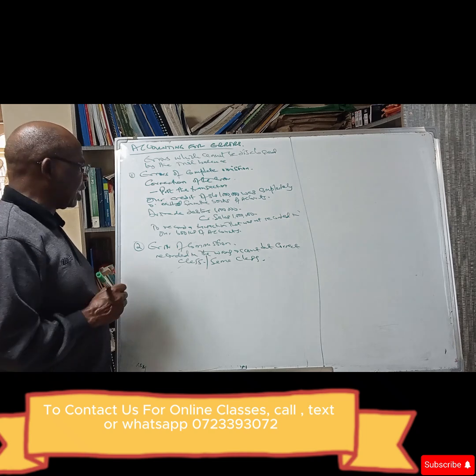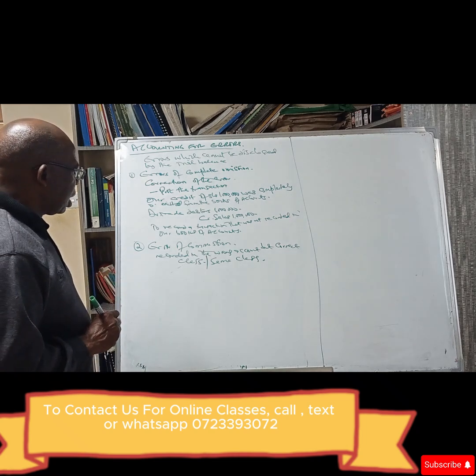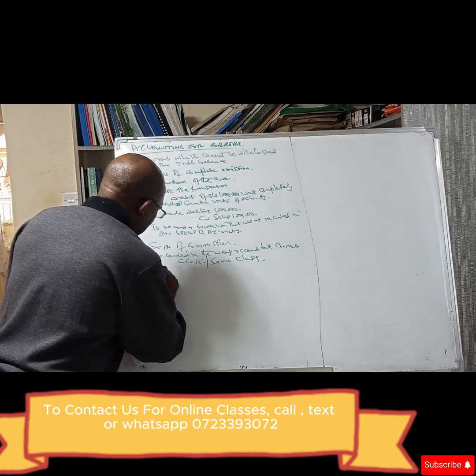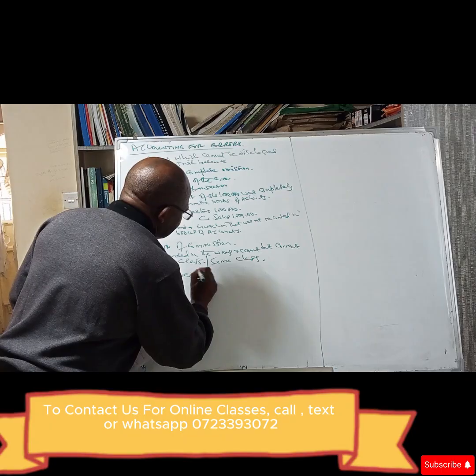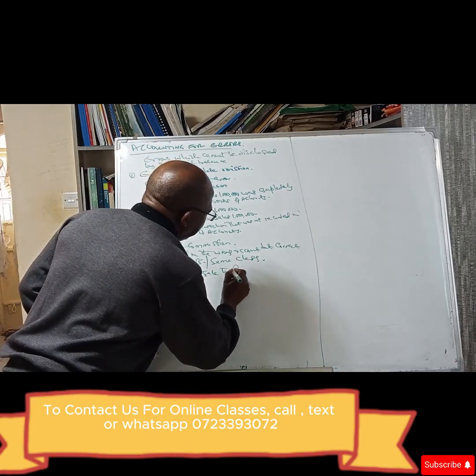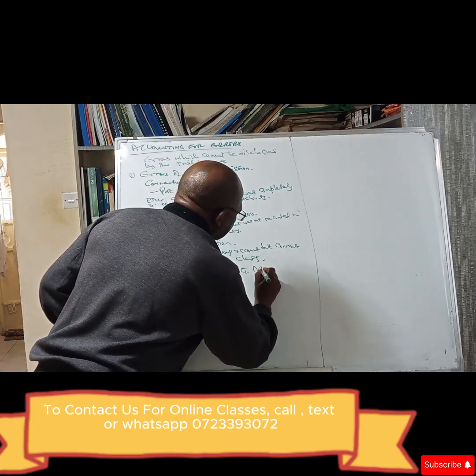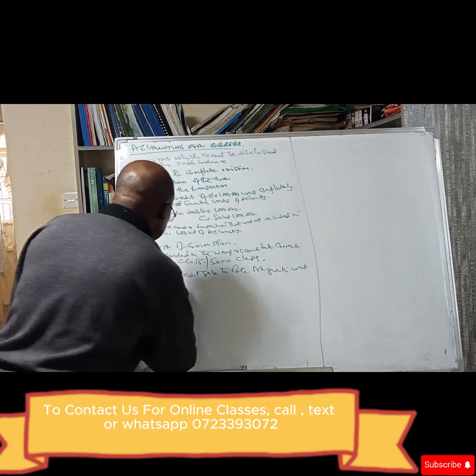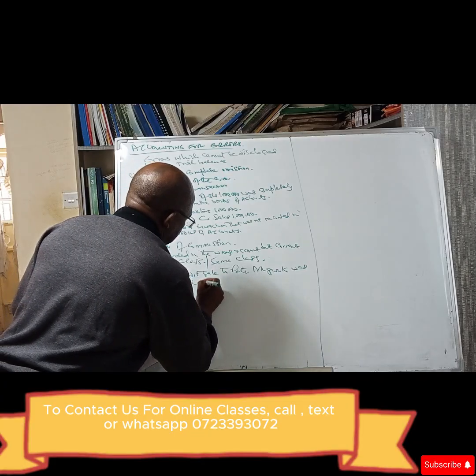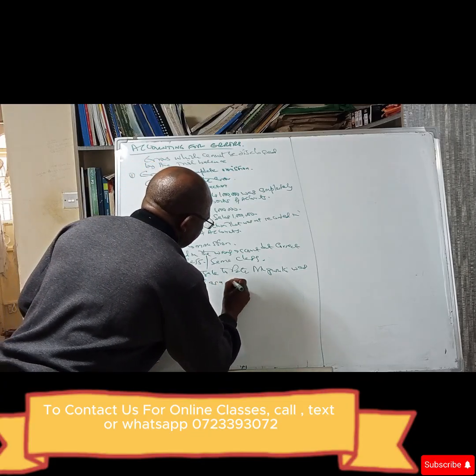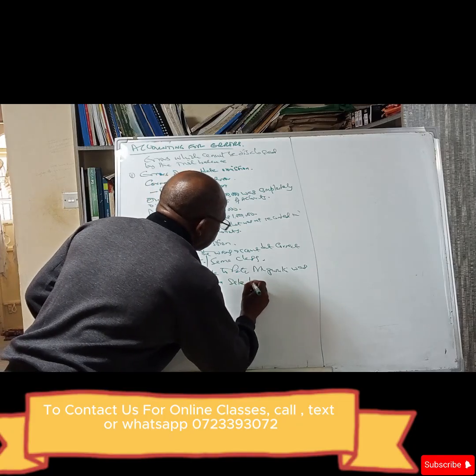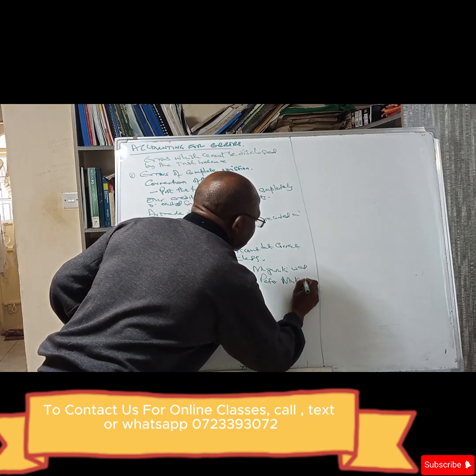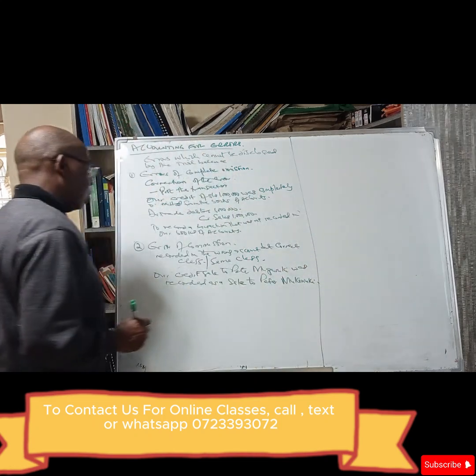For instance, you may have a situation whereby our credit sale to Peter Mugoroki was recorded as a sale to Peter Mukenoki.